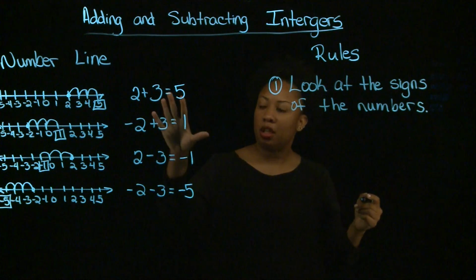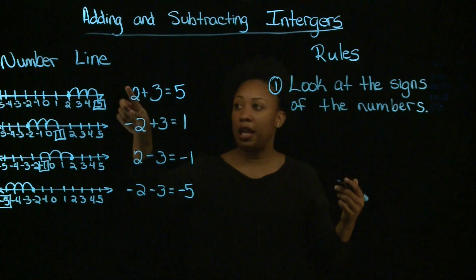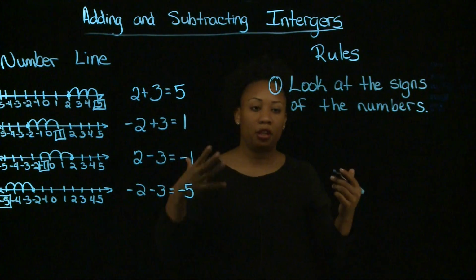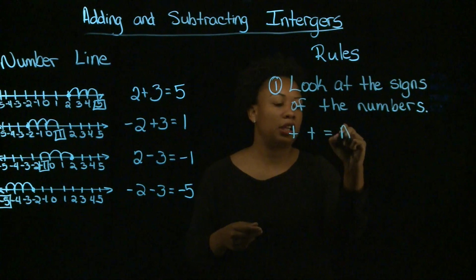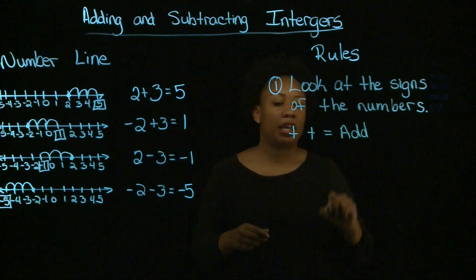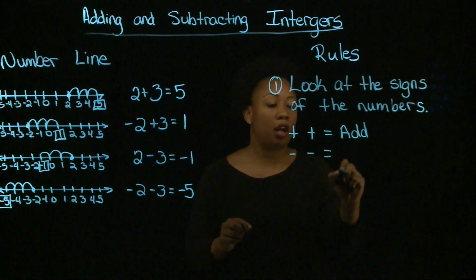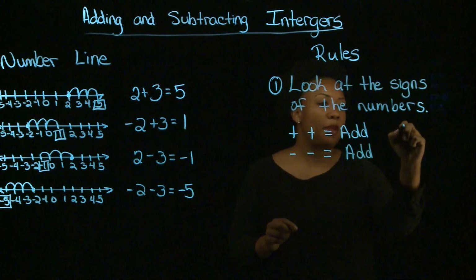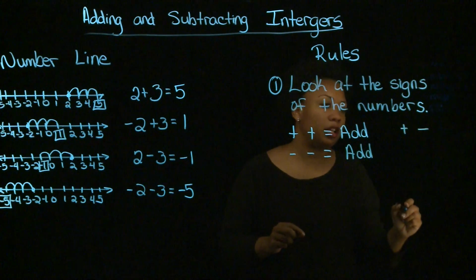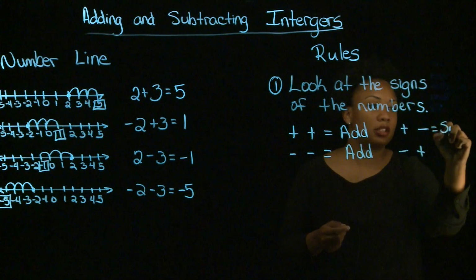If both of the signs are plus, like you have 2 plus 3, so you have two positive signs, that means you're going to add. If you have two negative signs, that also means you're going to add. If you have a positive and negative sign, or a negative and a positive sign, you're going to subtract.